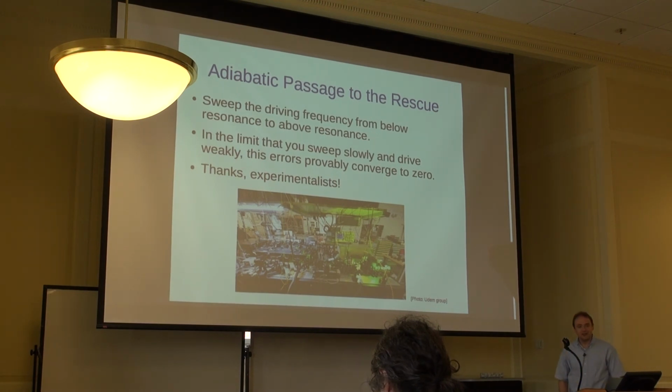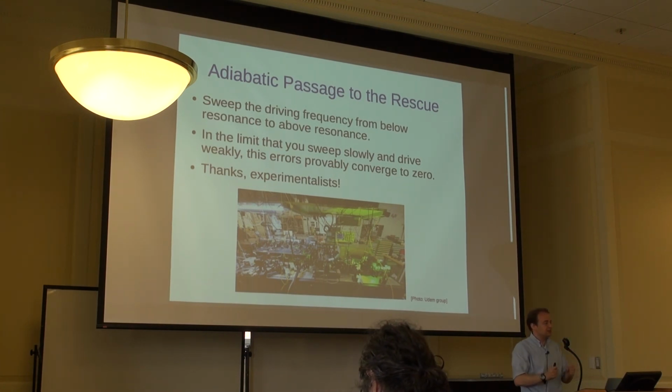So instead of just driving your system with some fixed frequency, you sweep slowly through a range of frequencies. And you can show that if you sweep slowly enough, and if this range of frequencies includes the resonant frequency somewhere, it doesn't have to be right in the middle, then you can drive these transitions from no particle to one particle with arbitrarily high precision.